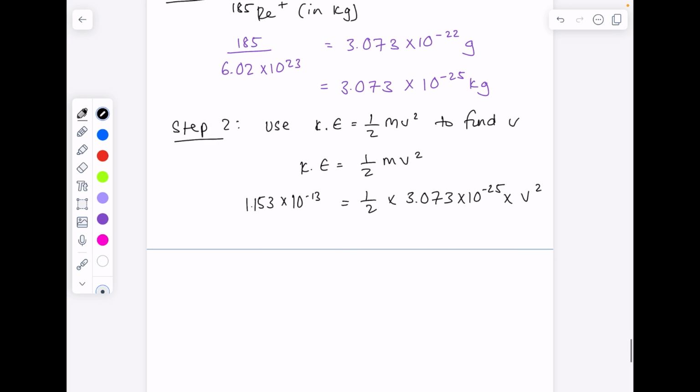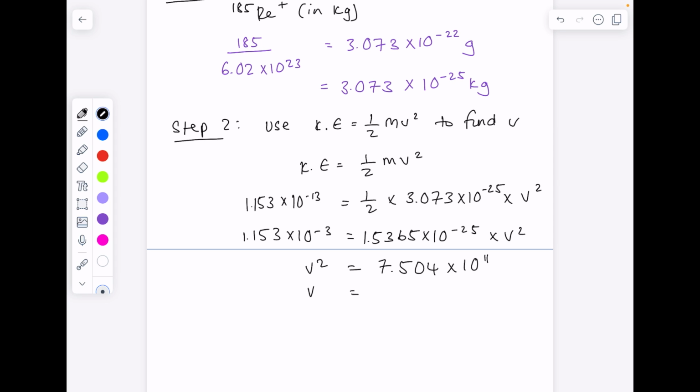For me, you just want to simplify each side. So just do half of that number you just found. Then to get v squared by itself, you divide both sides by 1.5365 times 10 to the minus 25. So you'll find that to be v squared, and then finally you need to square root that answer to find v to get 8.66 times 10 to the 5.